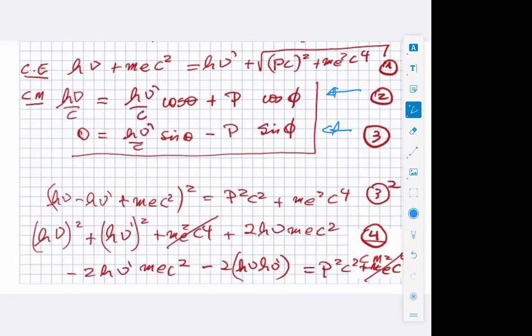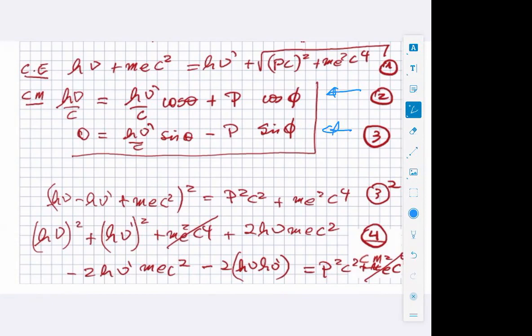So the rule of thumb here is to eliminate everything that has to do with the electron using the equations that you have. How do I go about doing that? There's a bunch of algebra that you could follow very easily. Here you have p cosine phi and p sine phi.